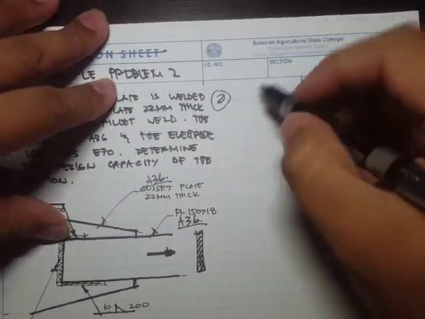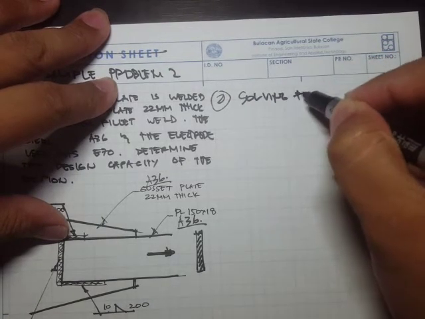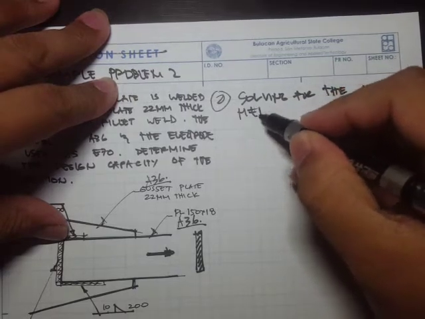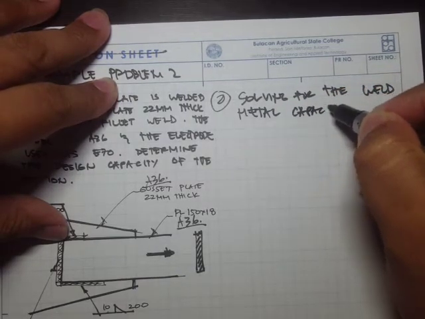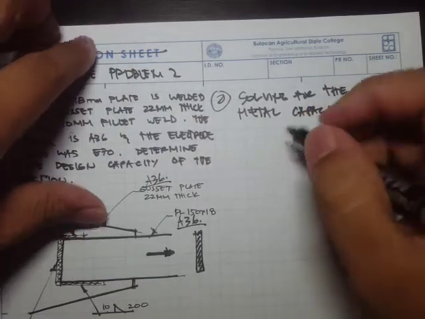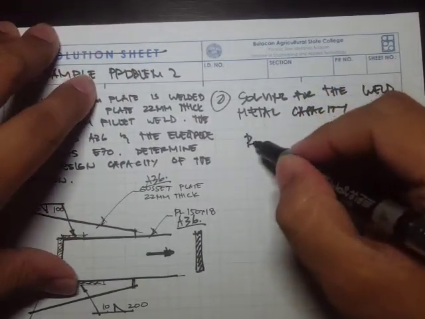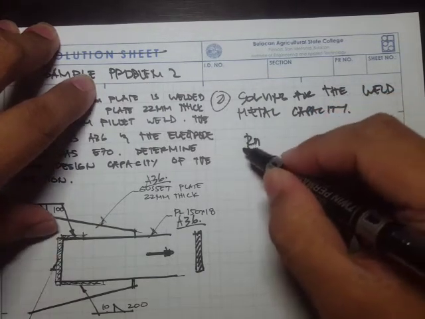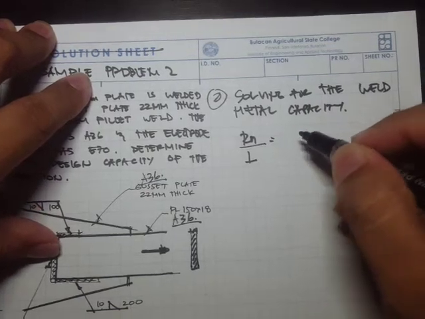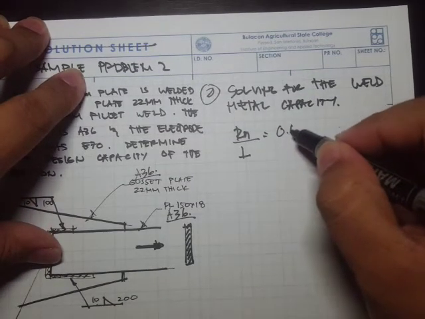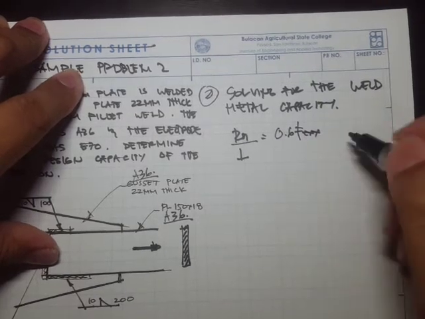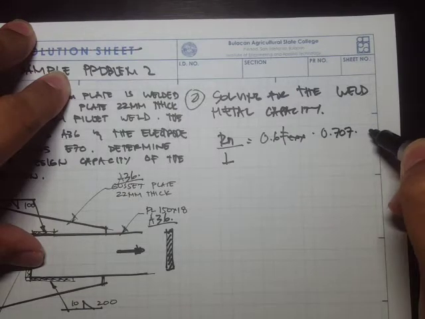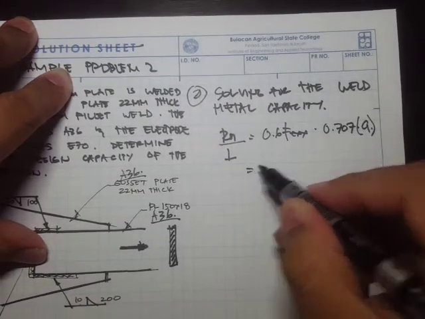Okay, so next, solving for the weld metal capacity. How do we solve this? Let's first solve our nominal strength per unit length, and that's 0.6 FEXX times 0.707 times the weld size.